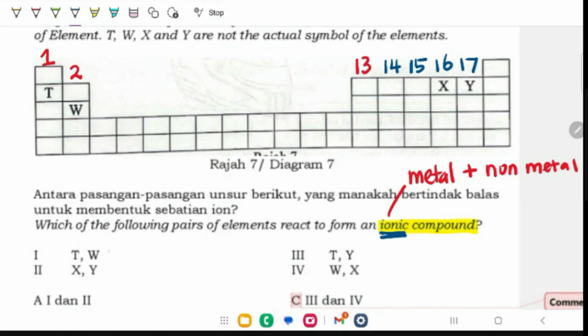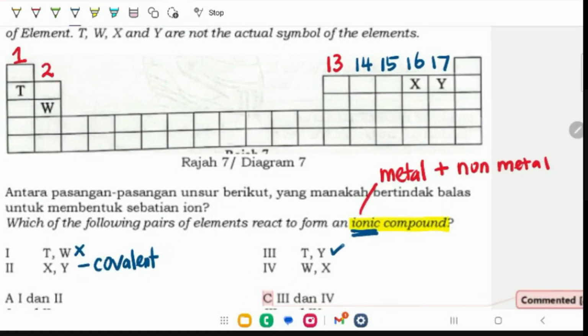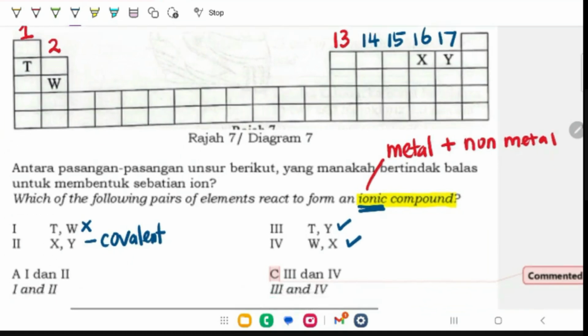Metal with metal. So, not possible. X and Y, non-metal with non-metal, not possible. This should be covalent. Okay. TY, yes, right. Then WX also can. So should be 3 and 4.